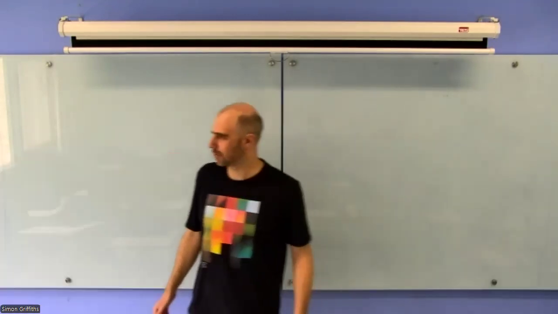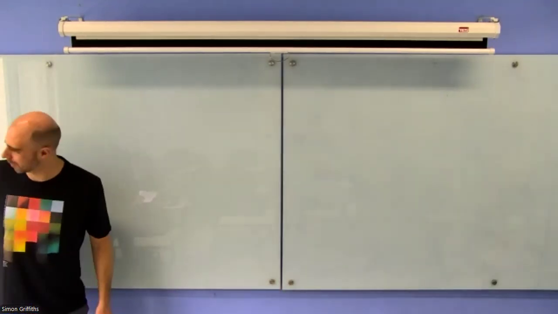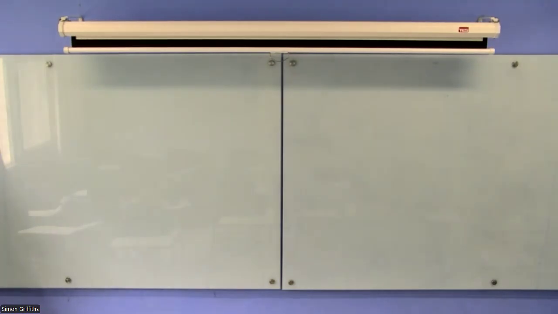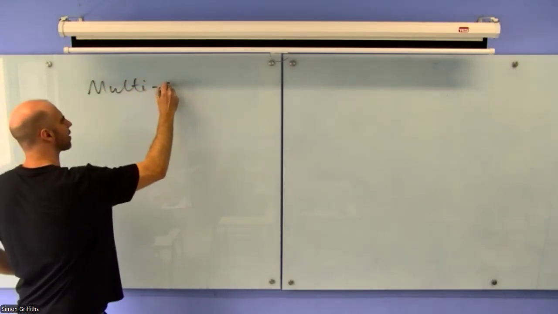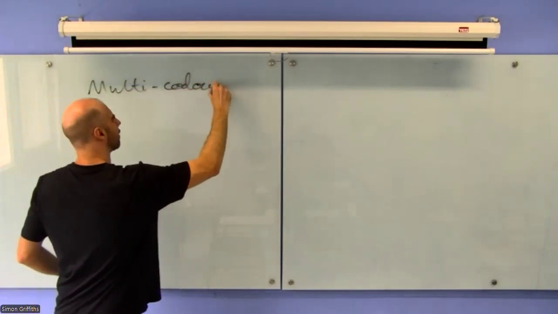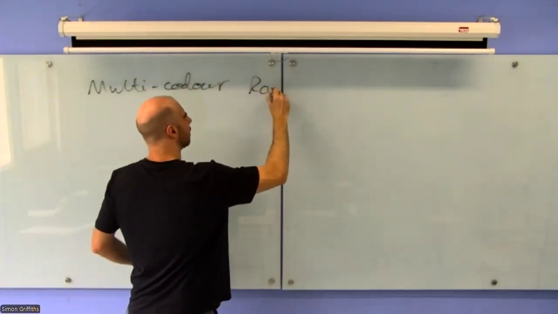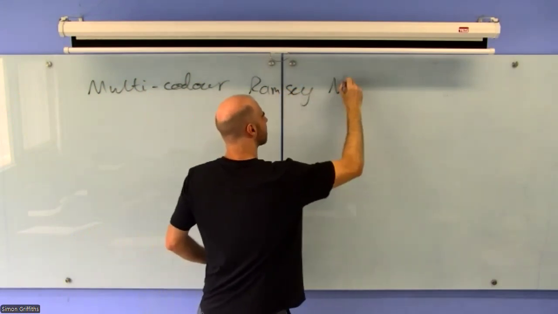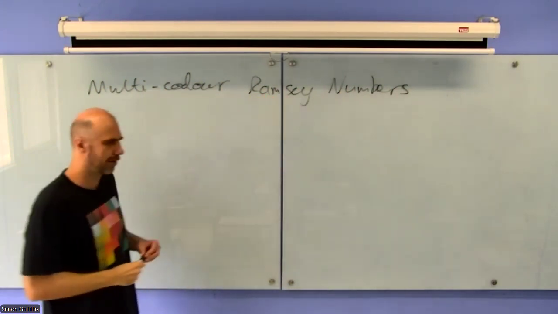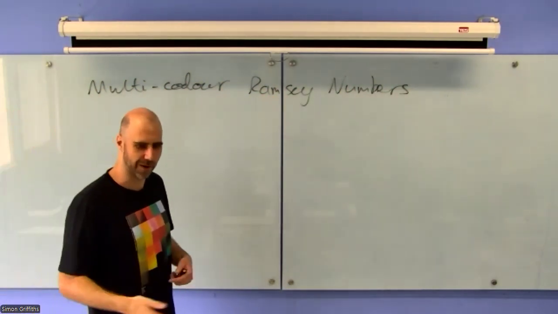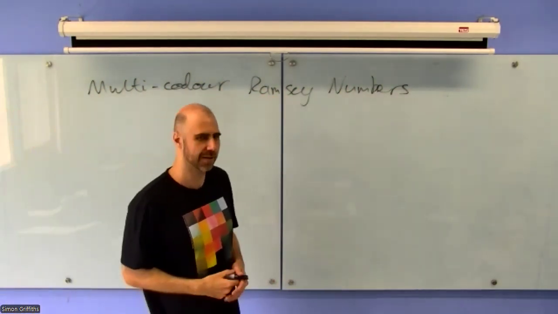Okay, so welcome to what is a mini course within our course, and what we're going to be talking about here, we wrote it up as well, is multicolor Ramsey numbers. We've seen, or lots of you have seen at various moments, results about Ramsey theory, about Ramsey numbers.